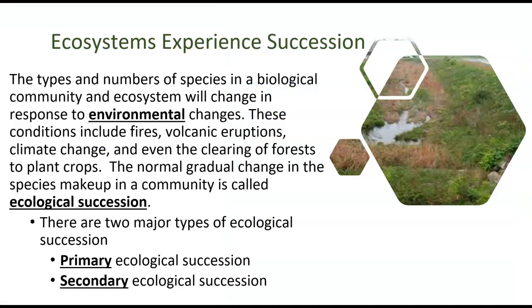So to get started, we're going to be talking about what's called succession, or ecological succession. The types and numbers of species in a biological community and ecosystem actually change very often, and they change because the environment is constantly changing.